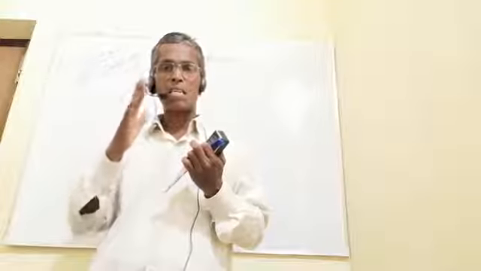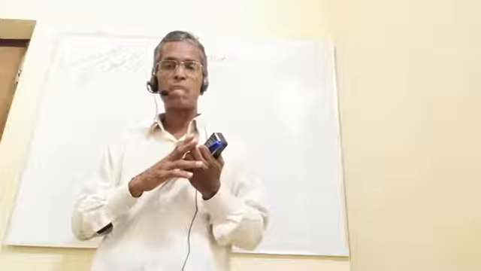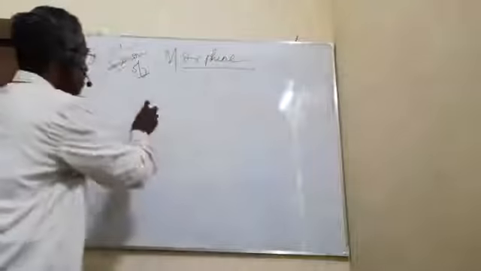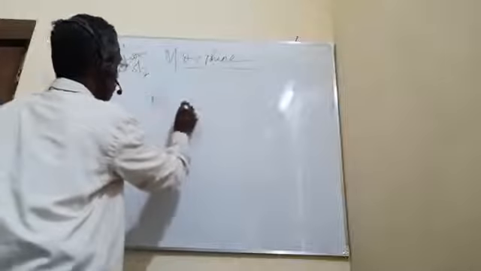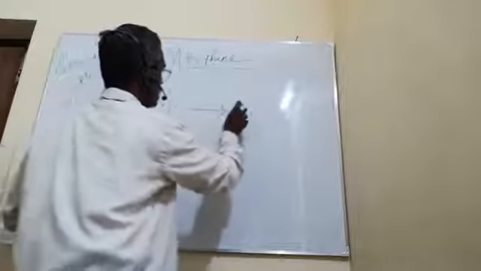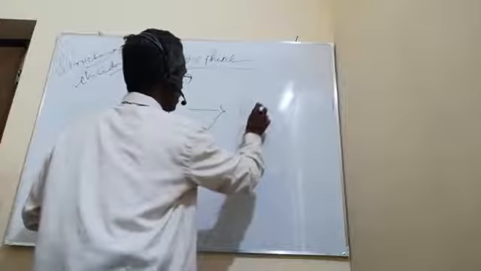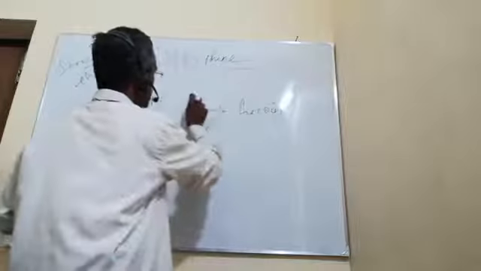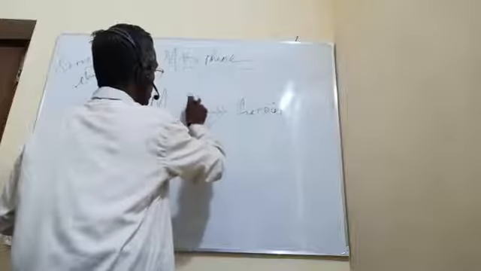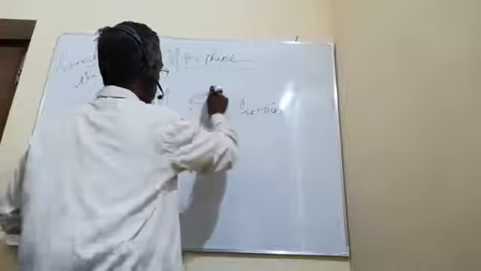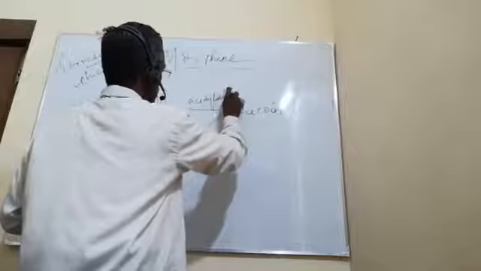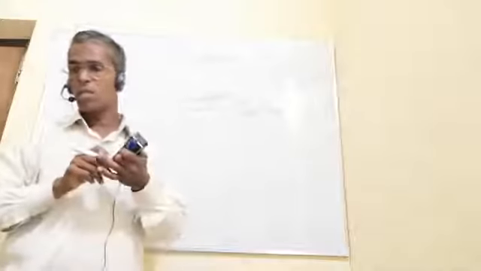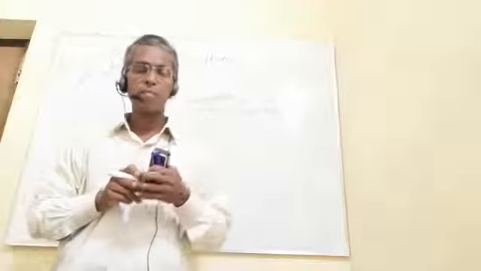The product we get after acetylation is called heroin. Morphine gives heroin, a byproduct, using acetyl chloride.